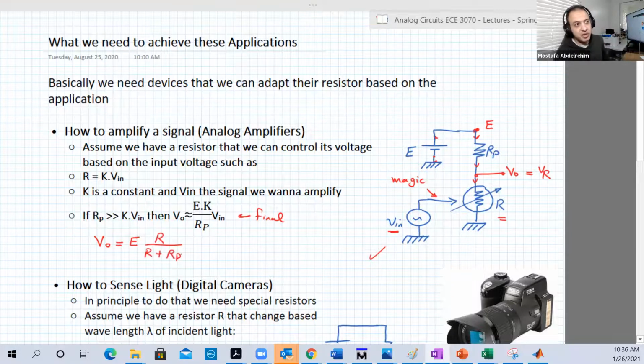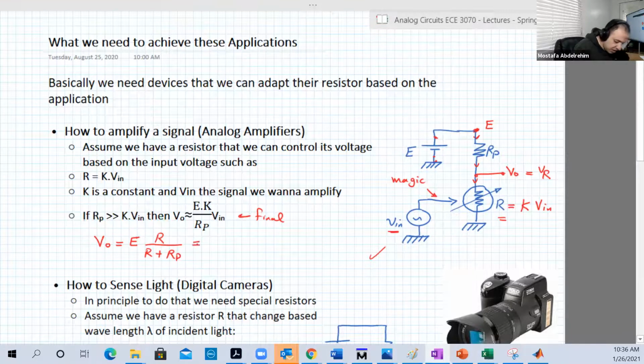A very simple voltage divider. I said that R can be controlled by the input, so let's assume that R is equal to K, some constant, multiplied by the input. That's why we can control it. It's a function of the input.